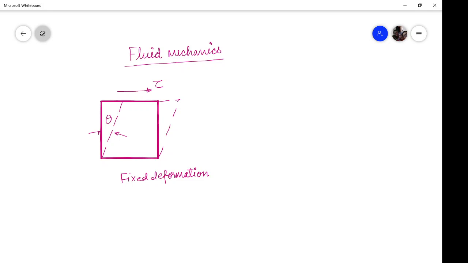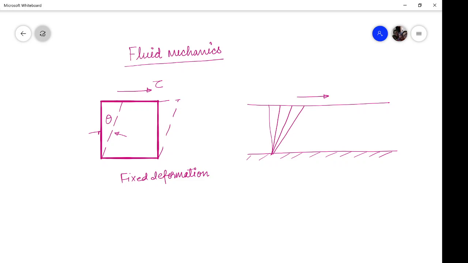Whereas, in case of fluid, let us say that you have a river, this is the base of it and the fluid is this, or any fluid, and you apply a shear, what will happen? The fluid layers will move continuously, and you can see that there is a continuous deformation state of this particular fluid.